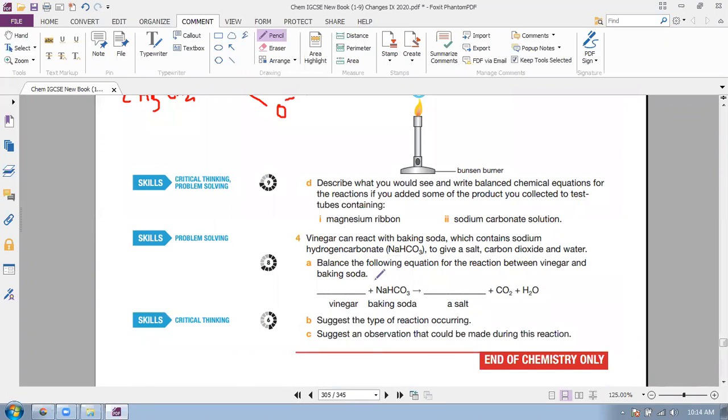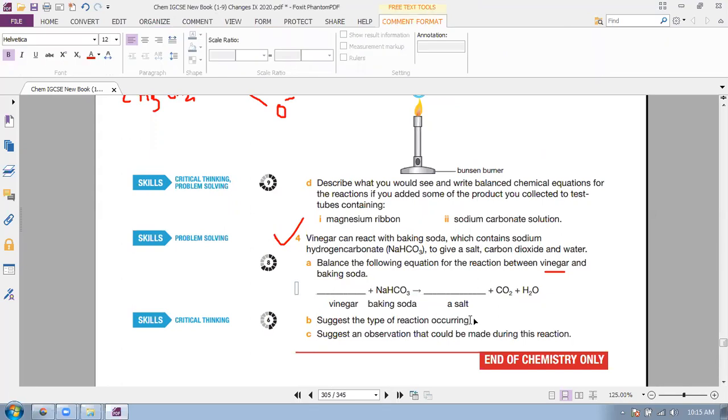Now look at question number 4. Vinegar can react with baking soda, which contains sodium hydrogen carbonate, to give a salt, carbon dioxide, and water. So vinegar is ethanoic acid. We will write ethanoic acid, giving sodium ethanoate plus carbon dioxide plus water.